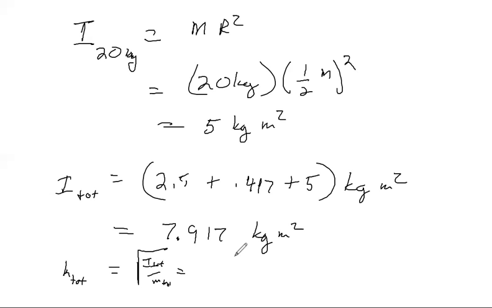So that's going to be 35. And then you take the square root. And I find that the radius of gyration is 0.476 meters.